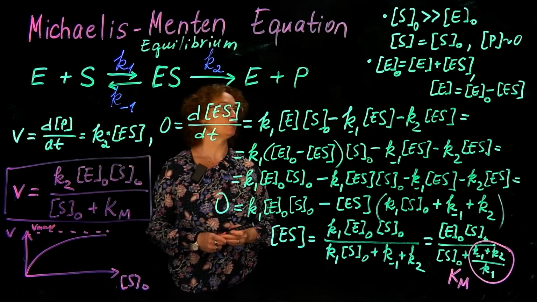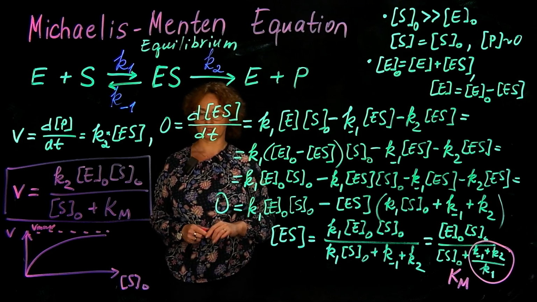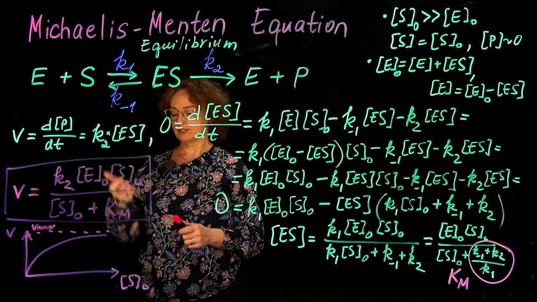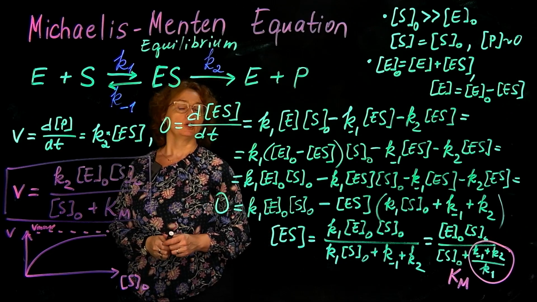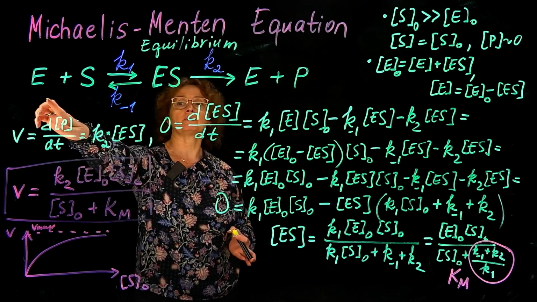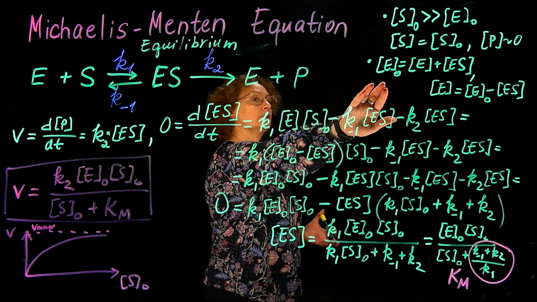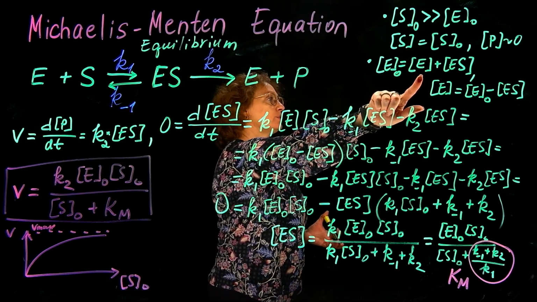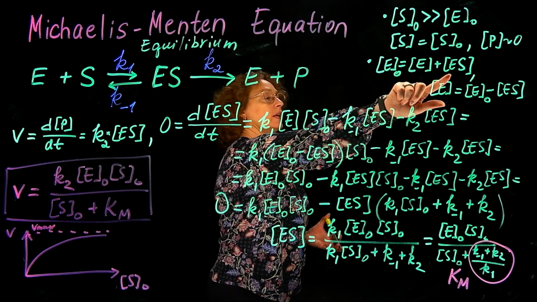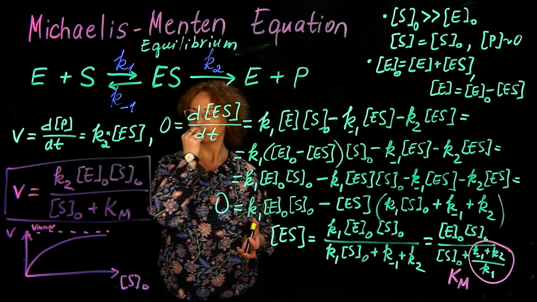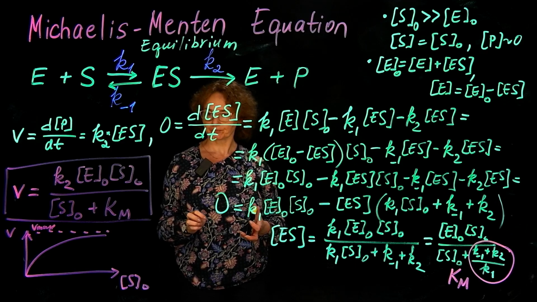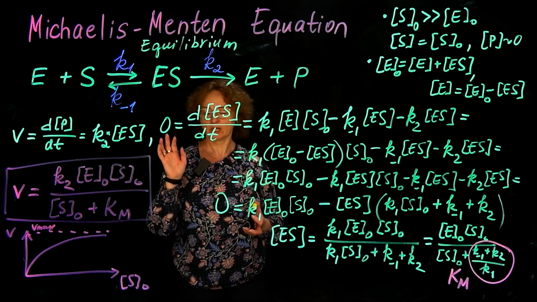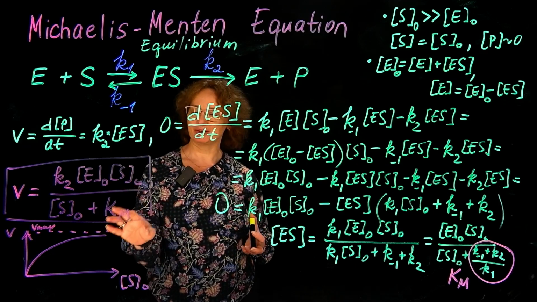So when are we going to have that maximal velocity? We are going to have this maximal velocity when all enzyme that we have is converted to the enzyme substrate complex. Oh, actually, not all enzyme. Sorry about that.